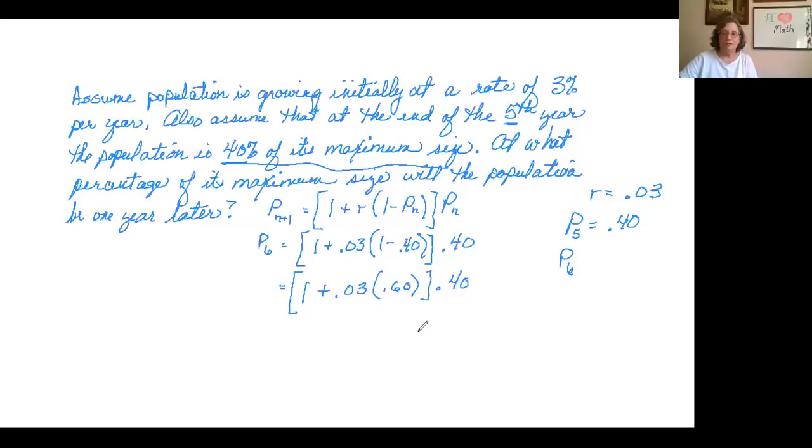And I would suggest that you put this into your calculator one step at a time so that you can follow what's happening. Otherwise, if your answer's wrong, you will have no idea where it happened. And it would be so easy to put in a wrong parenthesis or something here.